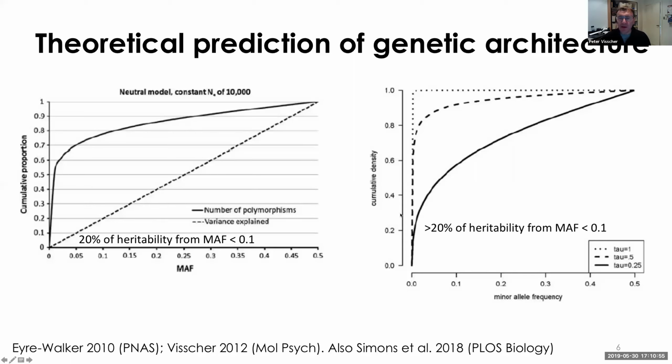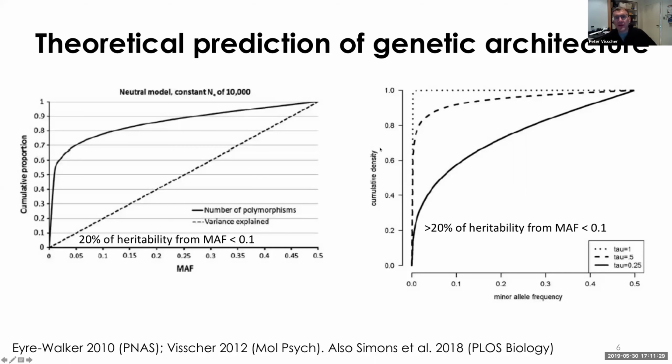As you can see, I've got the cumulative proportion of genetic variance again on the y-axis, and now we've deviated from the line y equals x. So the closer the trait is to fitness, the more genetic variation is captured from rare variants. This kind of selection model predicts that more than 20% of the heritability would be captured from causal variants with a frequency less than 10%.